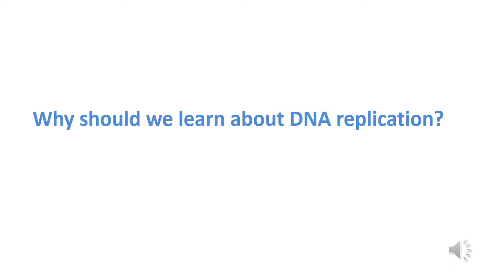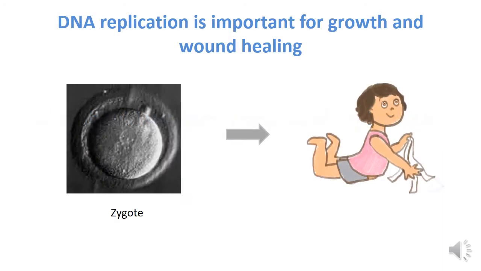Do you know why we should learn about DNA replication? One reason is that DNA replication is important for our growth and also for wound healing. If we consider our growth, as you all know, we all started our life as a single cell called a zygote.